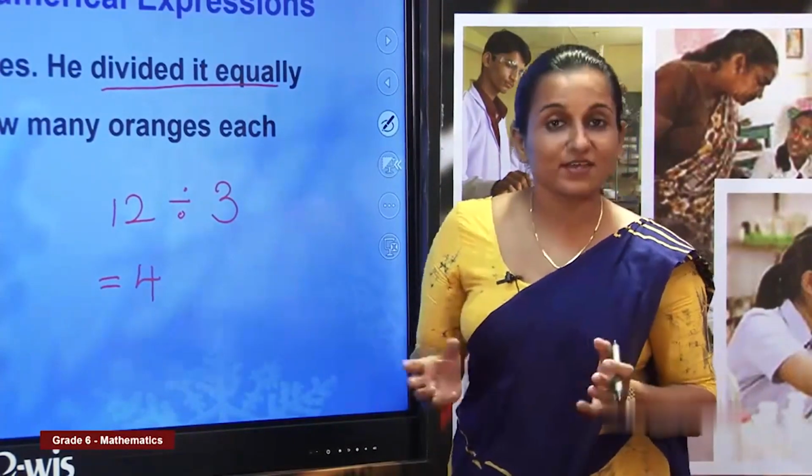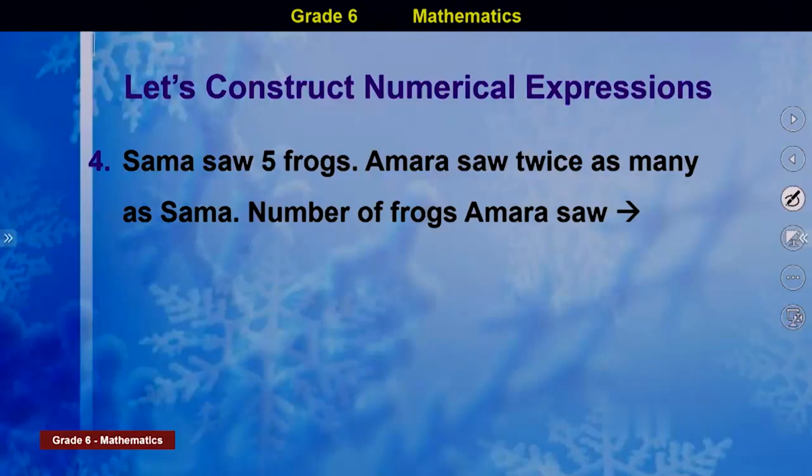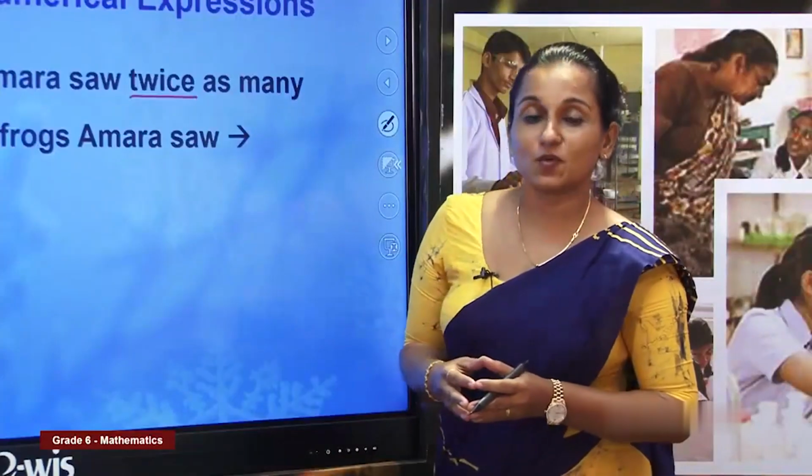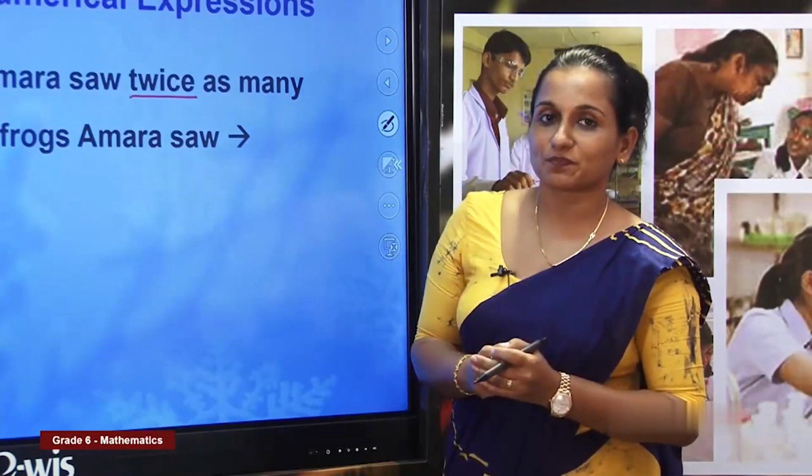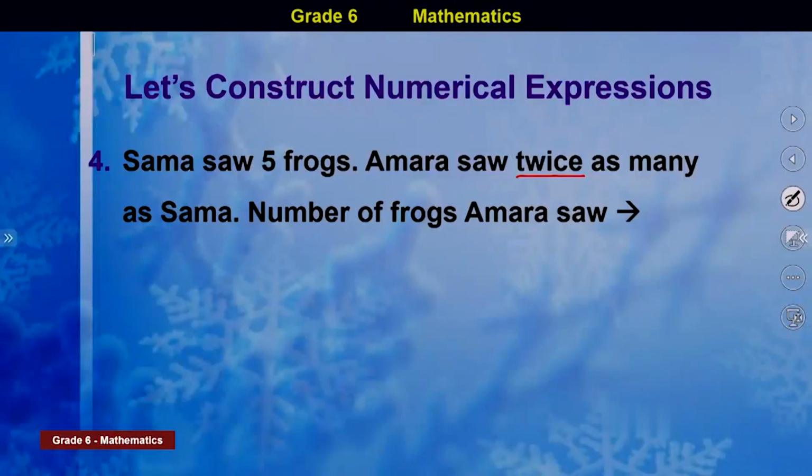Let's move to another example. Sama saw 5 frogs. Amara saw twice as many as Sama. Find the number of frogs Amara saw. Now can you see we have the term twice. What should we do when we have twice? Yes, we have to multiply by 2. So to find the number of frogs Amara saw, we have to multiply 5 by 2.